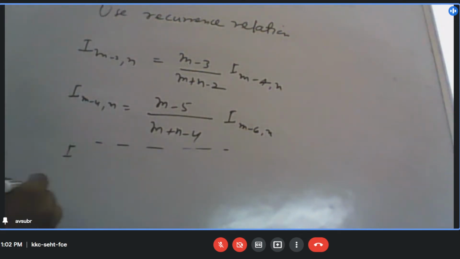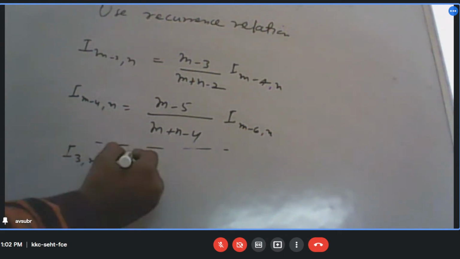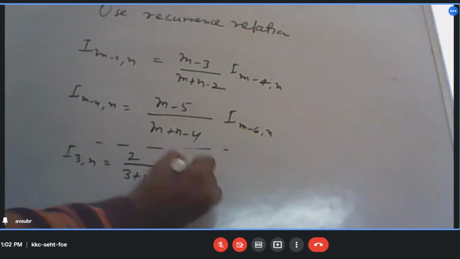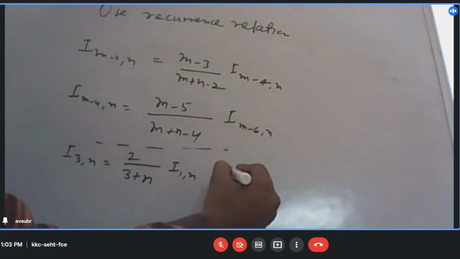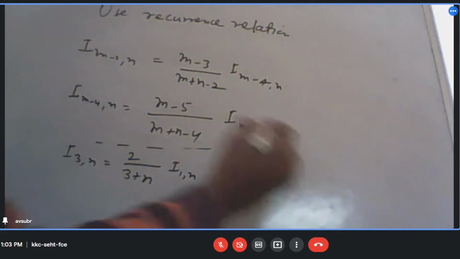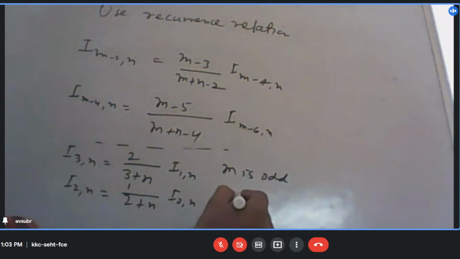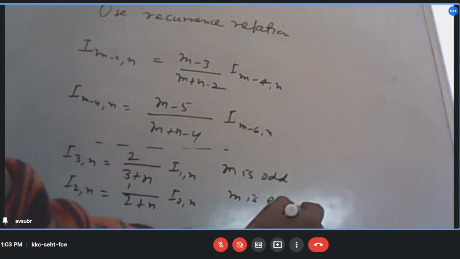Okay, so if I continue like this, then I 3n will be equal to 2 by 3 plus n I 1, when m is odd. All right, and that will be I 2n equal to 1 by 2 plus n, when m is even.